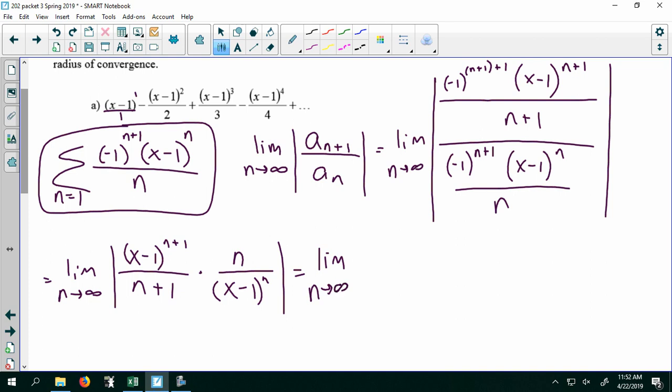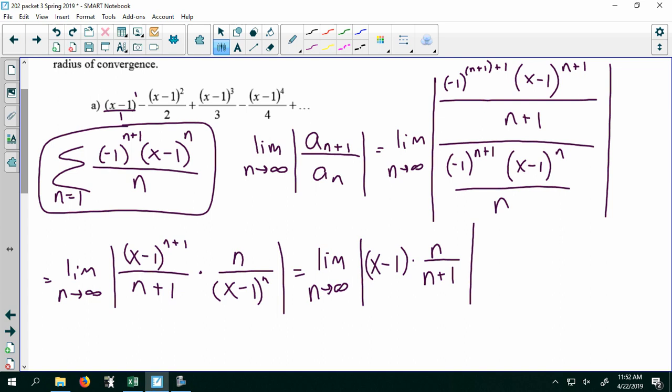Copy the limit. n plus 1 minus n is 1. So I'm going to get an x minus 1 in the numerator, x minus 1, times n over n plus 1. Nothing there can cancel because there's no multiplication there. So n over n plus 1. If it was n over n times 1, they would cancel, but it's plus, so we can't do it.